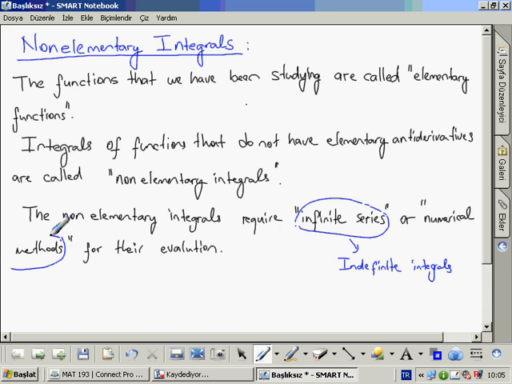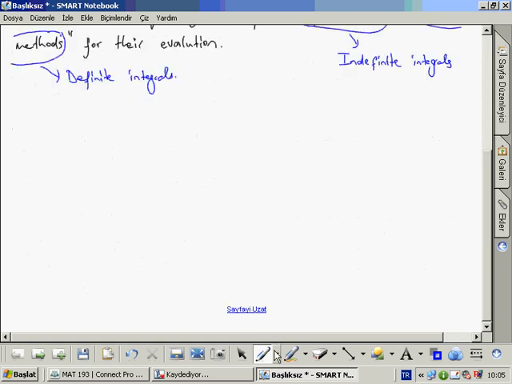If we mean the numerical integrals, it means definite integrals, okay? And let me give you some examples about the non-elementary integrals.